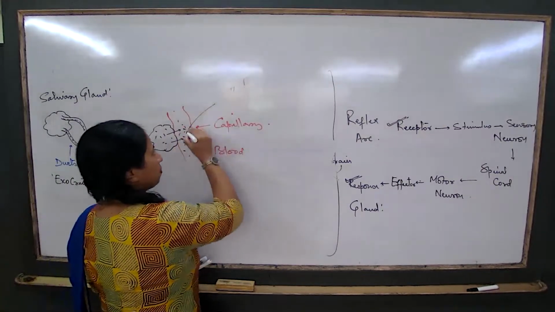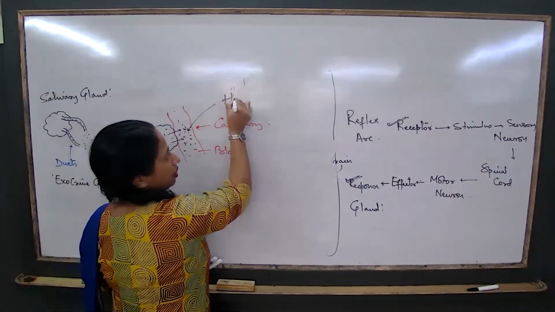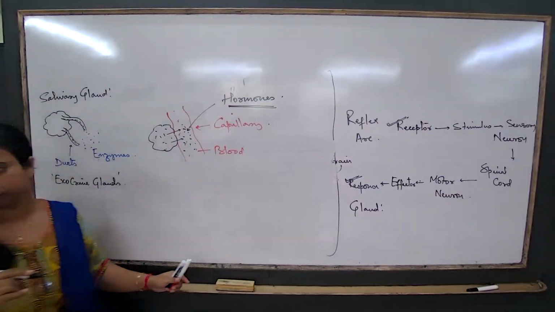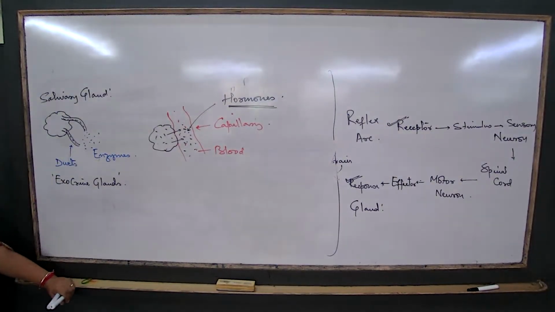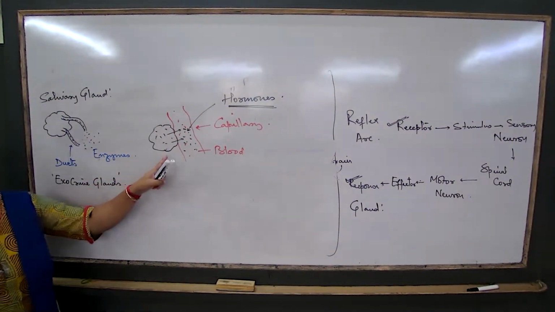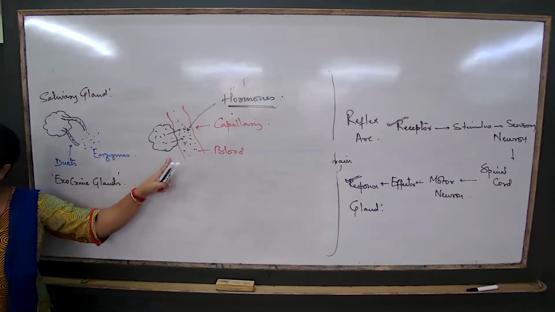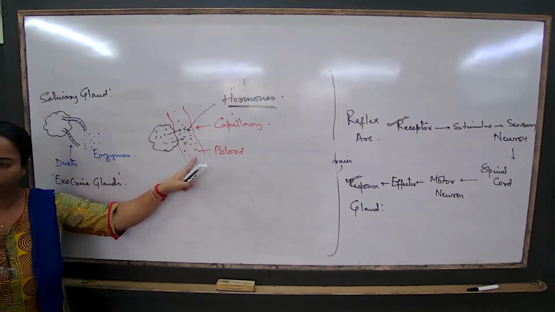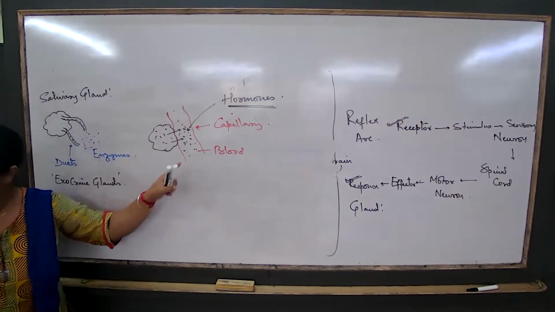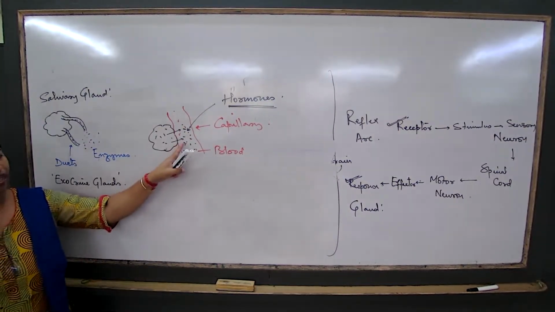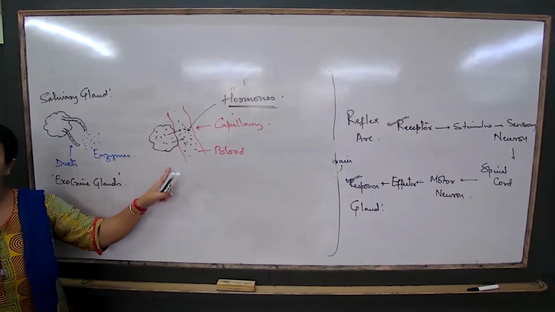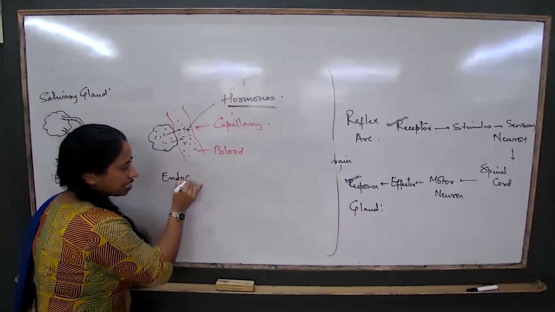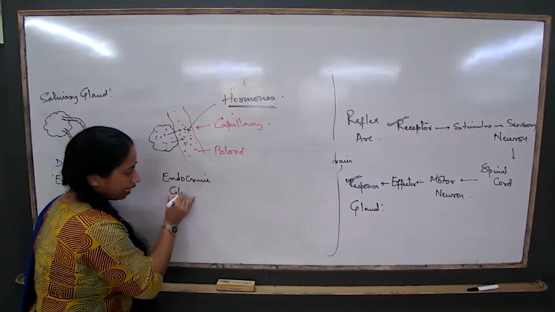What are these chemical substances to be termed as? These chemical substances are to be termed as hormones. So what am I saying? If this is a gland which is directly pouring its secretion into the bloodstream, not carrying its secretion by way of tubes, then definitely this is a specialized type of gland. And what are these glands known as? These glands are known as endocrine glands.